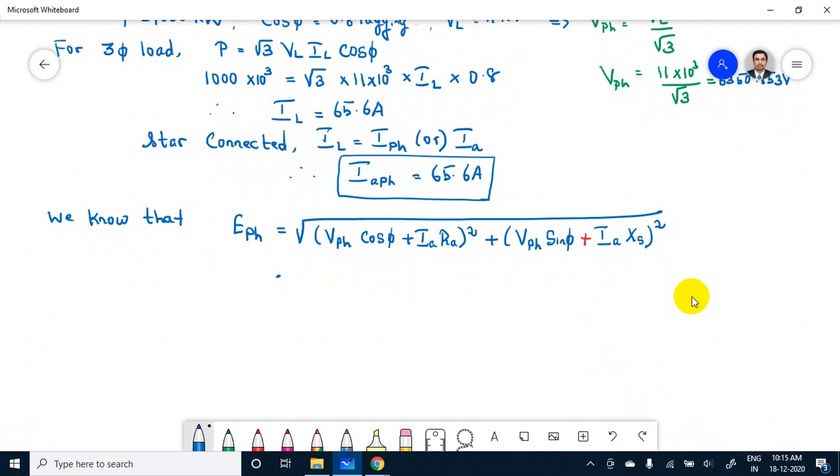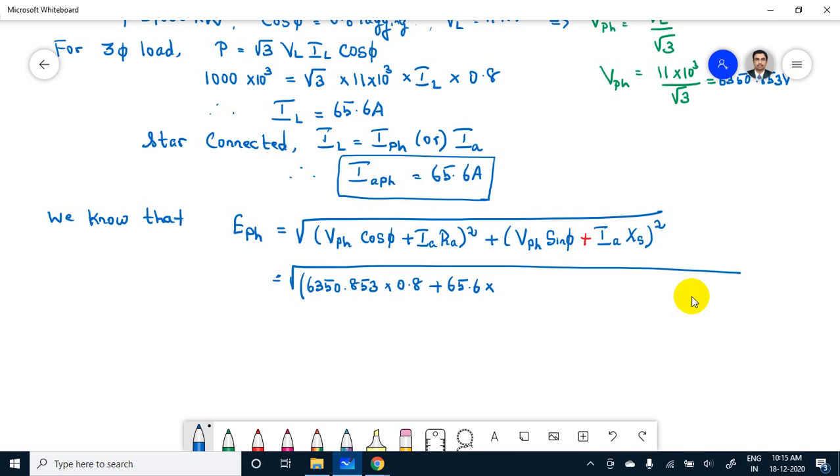In this formula, square root of (V phase cos phi plus IA RA) whole square plus V phase 6350.853 into sin phi.